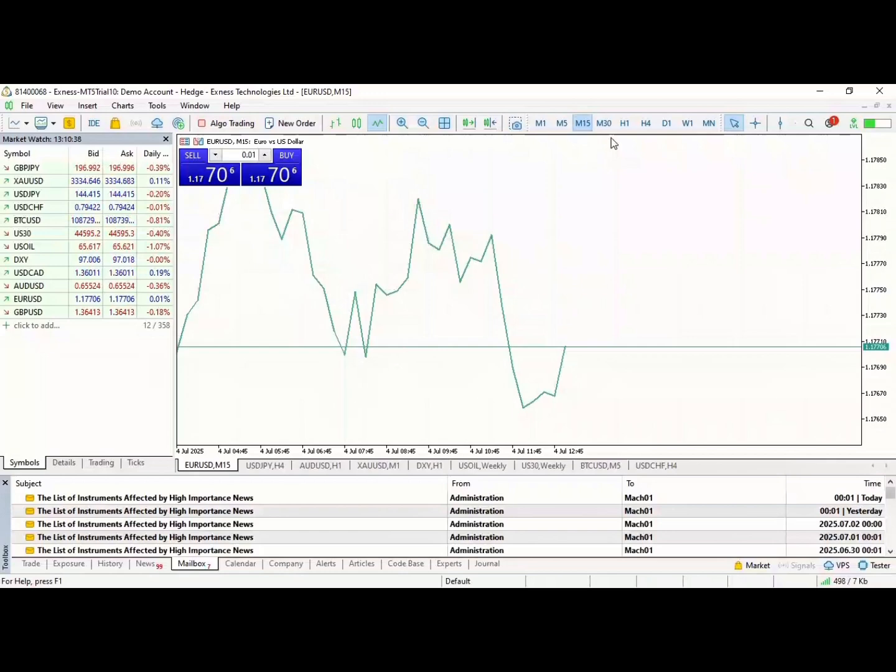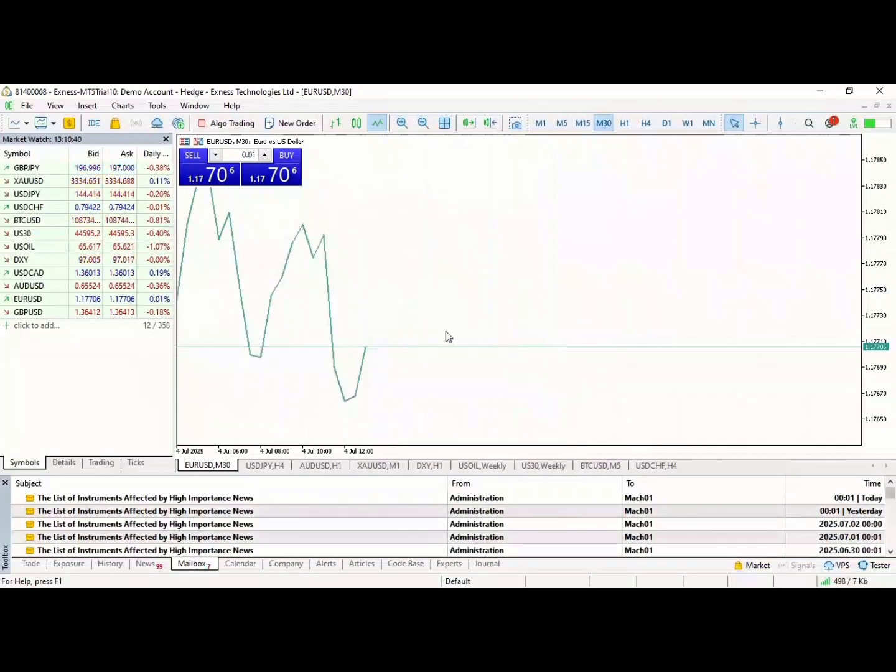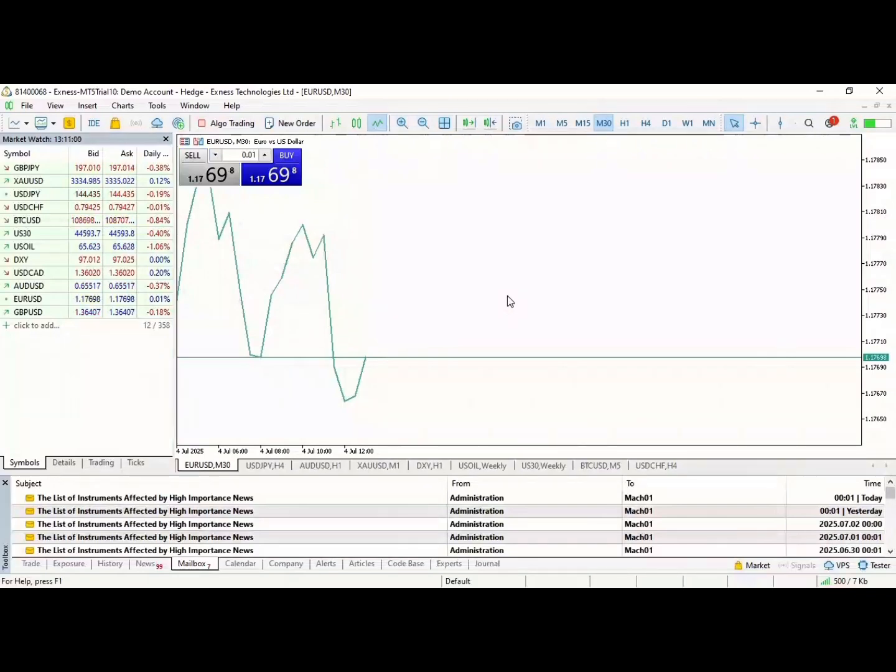If it's 30 minutes, it means every 30 minutes a price is plotted. So if you're dealing with a 30-minute time frame, it means there are 30 one-minute plottings done inside the 30-minute time frame. So the higher you go, the less price is plotted. On a daily basis, price is plotted once a day. This is how time frames work, okay?